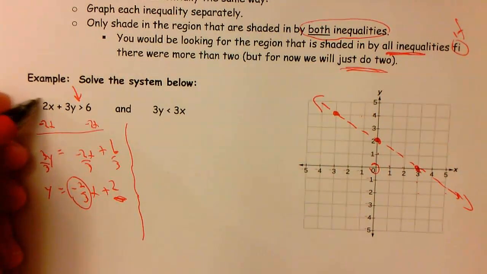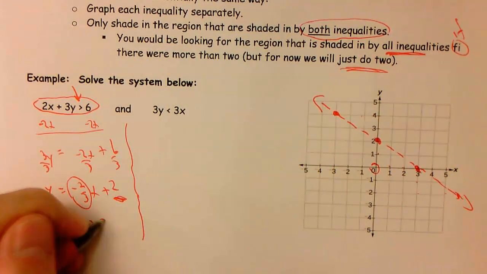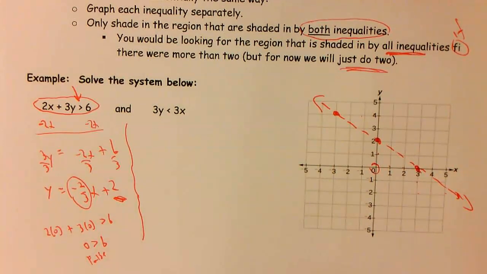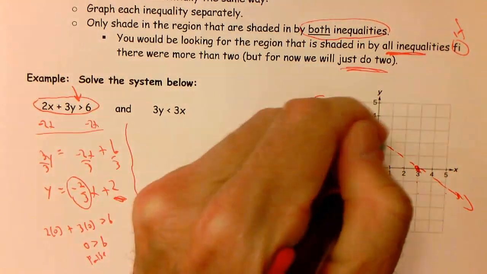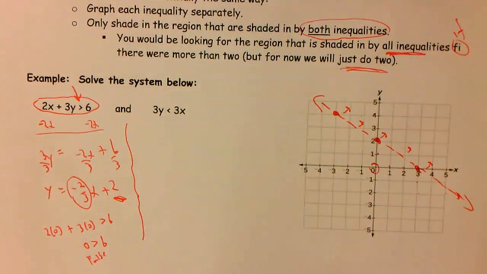So putting that into the original inequality, I would have 2 times 0 plus 3 times 0 is greater than 6, which would be 0 greater than 6. That is false. So that tells me that this point 0, 0 is not a solution, and the solutions must be on this side of the line. Now, I'm not actually going to shade that side quite yet.